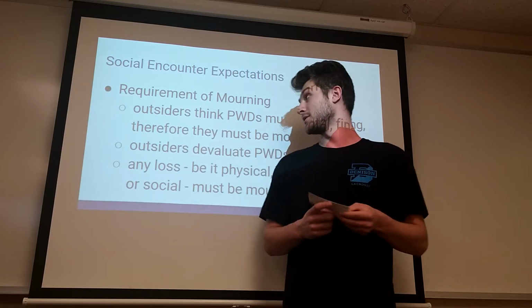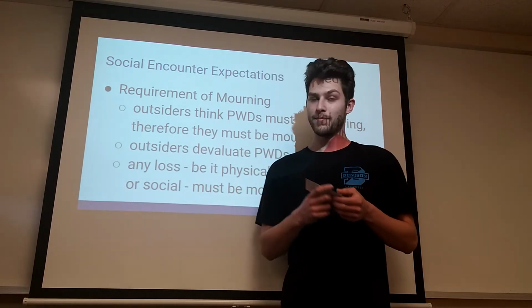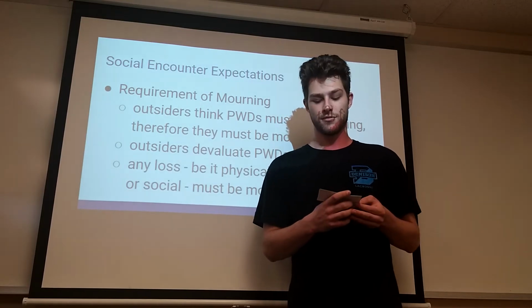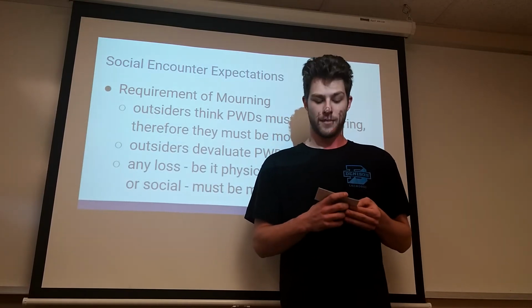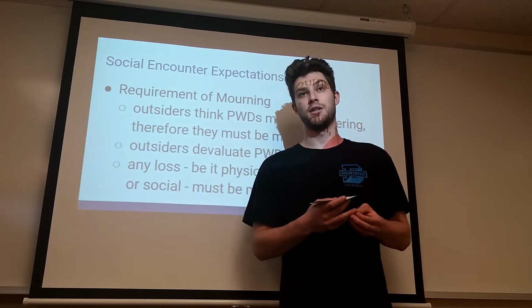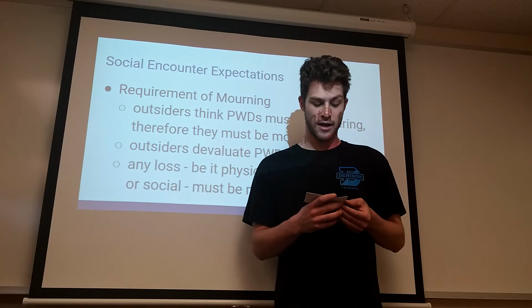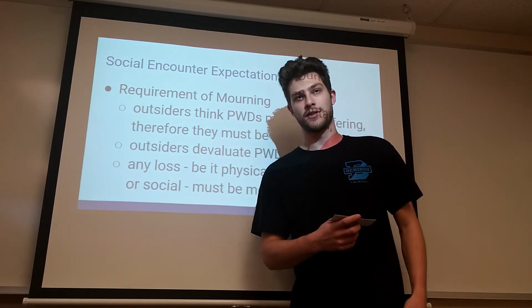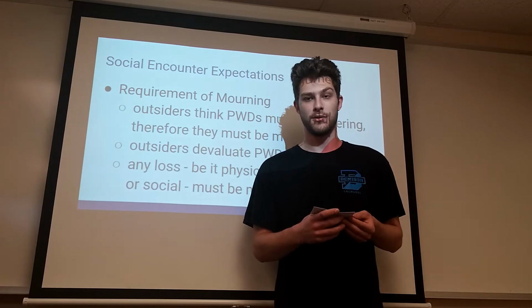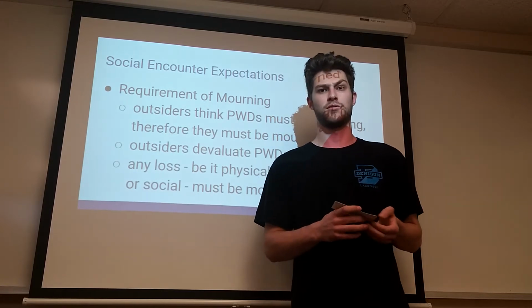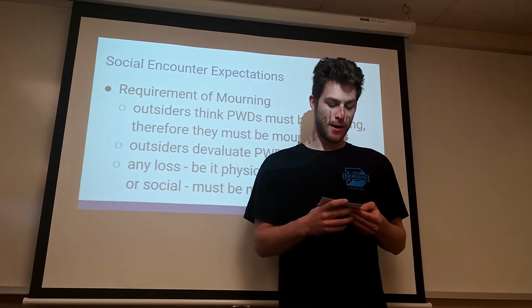An example of this is seen through the requirement of mourning. The requirement of mourning occurs when outsiders identify individuals as unfortunate, and because they have a disability, they must necessarily be suffering because of that. And if no suffering is on display, then the outsiders essentially devalue PWDs by thinking that they should be in mourning and asking themselves, why are they not in mourning?